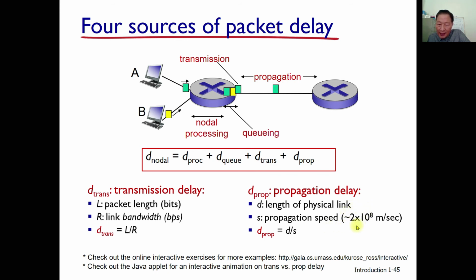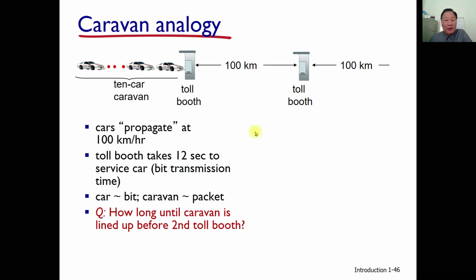If we divide the distance by how long it takes to propagate from here to here, with this speed, which is almost like the light speed, then that is called the propagation delay time. And now we have some homework assignment, and you can understand better after solving that question.